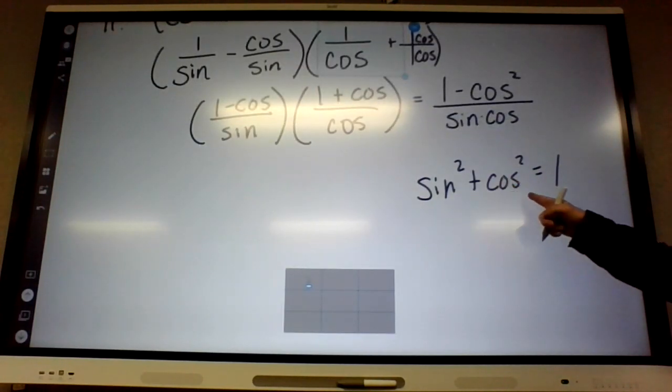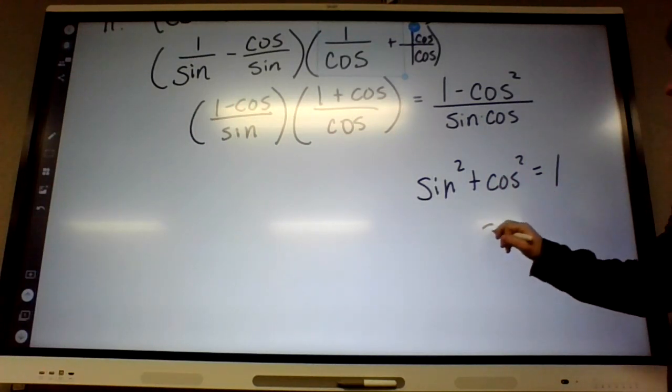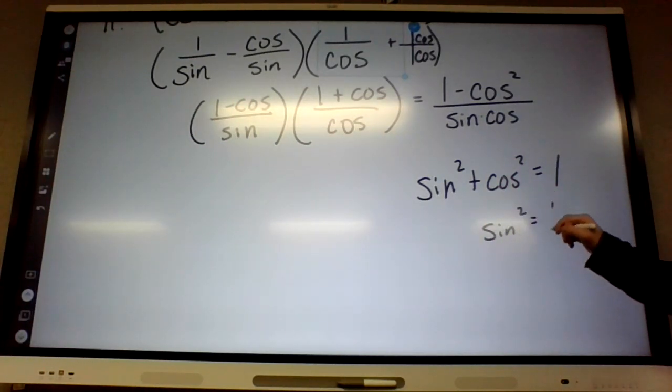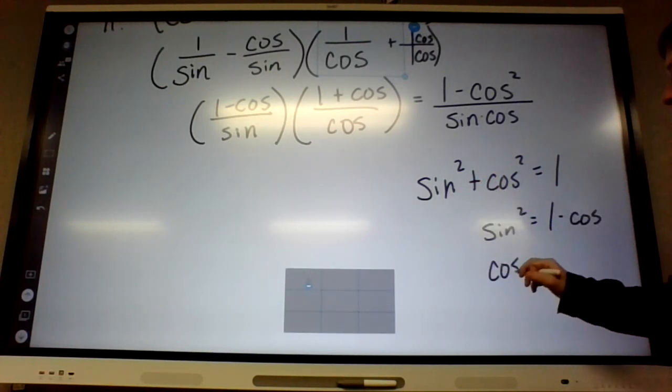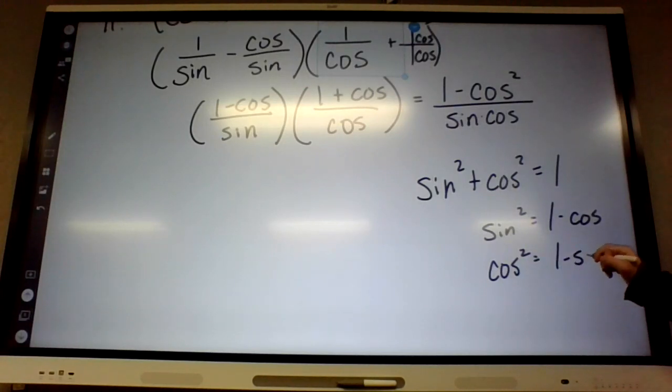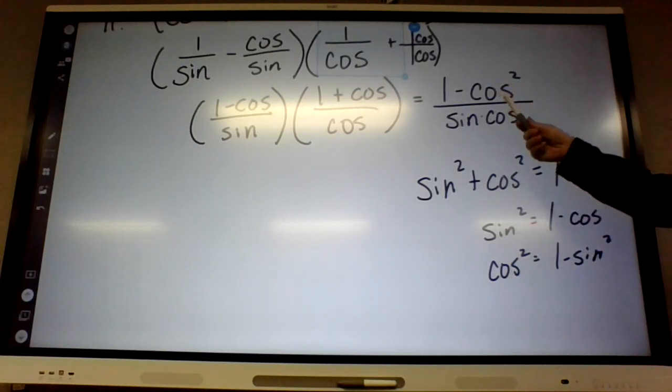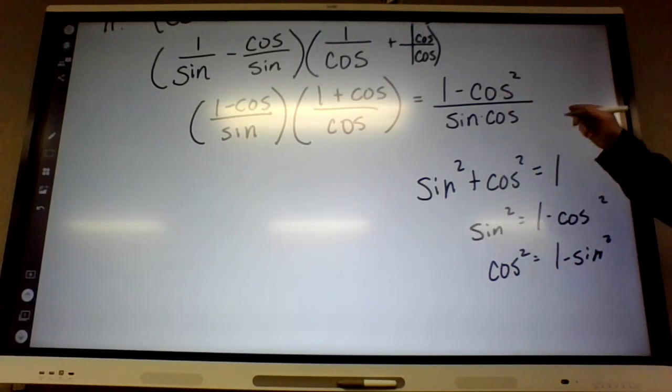So if you subtract cosine squared, or if you subtract sine squared on both sides, it looks like that. Got the squares. So you've got to manipulate these equations. So 1 minus cosine squared is the same thing as sine squared.